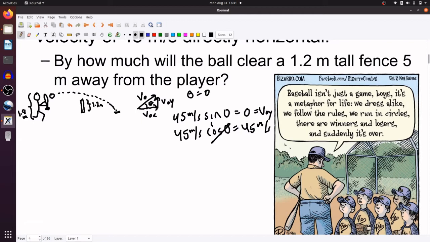We want to know basically how much the ball will clear a 1.2 meter tall fence 5 meters away. So this is a little bit different. This time we know our horizontal distance. The fence is going to be 5 meters away.